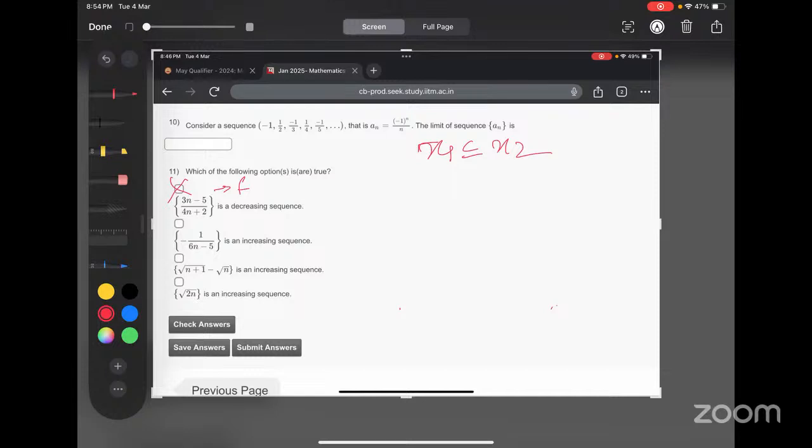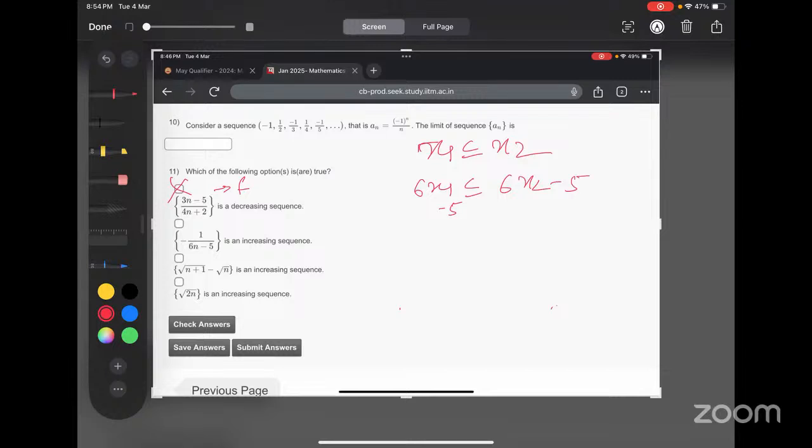Right? Yes, ma'am. So the second option, what are you getting? First I will take 6x1 minus 5 less than or equal to 6x2 minus 5. Then if I do minus 5, it will again be less.